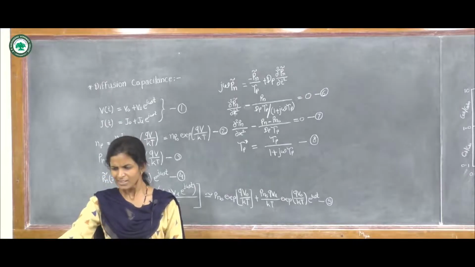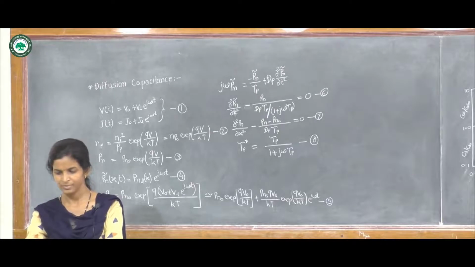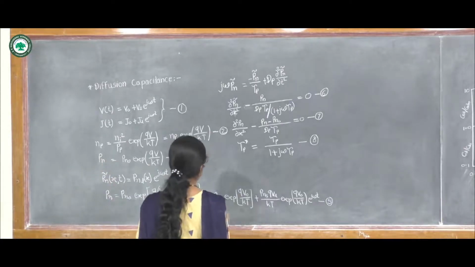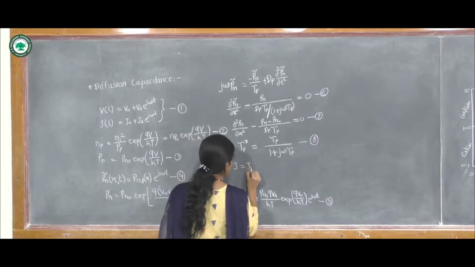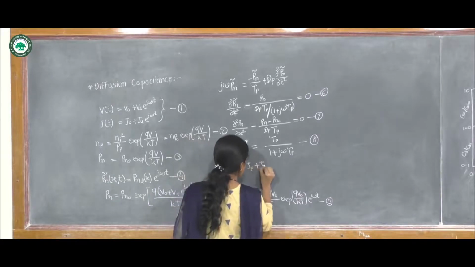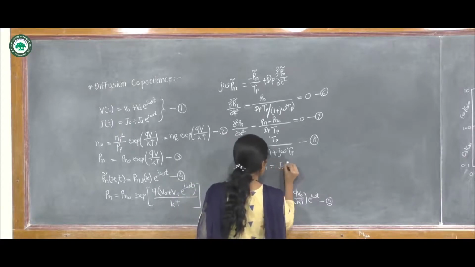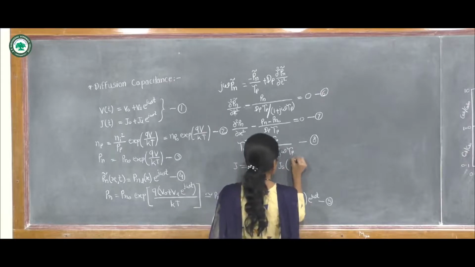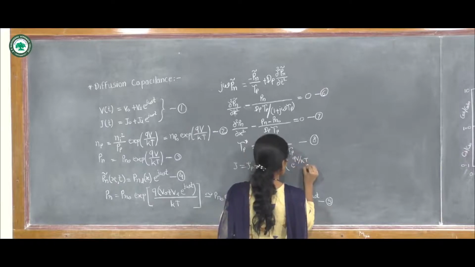Now the total current J is equal to Jp + Jn, which is equal to Js (e^(qV/kT) - 1).